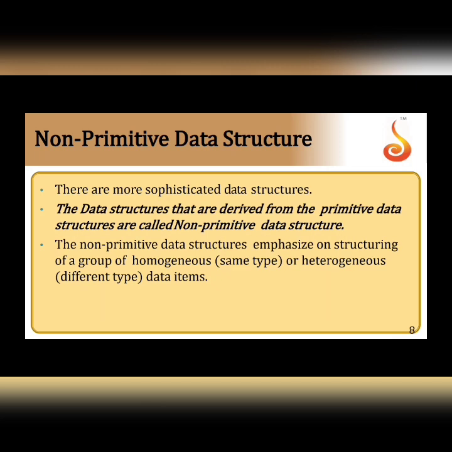You will have an integer stack or a character stack, and you can have an array. Array is again a homogeneous set of elements. So everything belongs to a non-primitive data structure, which is a collection or derived from primitive data structures.